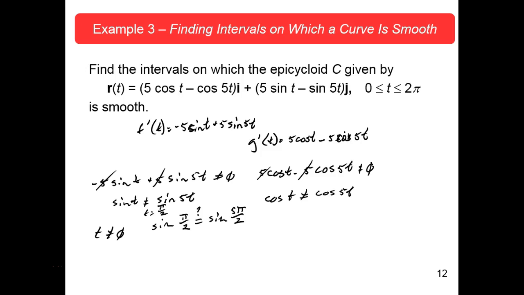So let's do cosine of pi halves. Cosine of pi halves is where? 0. And then 2 halves pi, 3 halves pi, 4 halves pi, 5 halves pi, back down at 0 again.